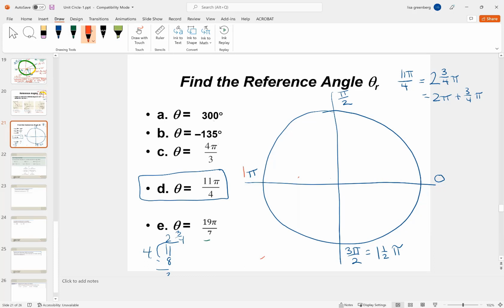I want to figure out what quadrant I'm in. Well, if I start here at 0 and I go all the way around the circle, I go to 2 pi, don't I? So you're in quadrant 1? Well, maybe. I know that I don't have to worry about this. Now I just want to know where 3/4 pi is, don't I?